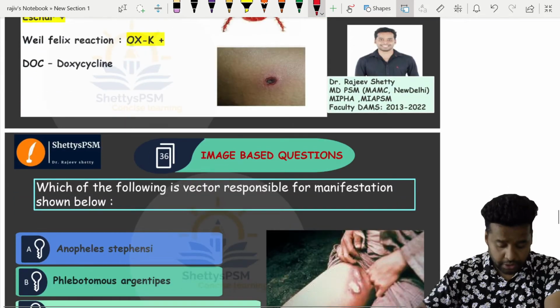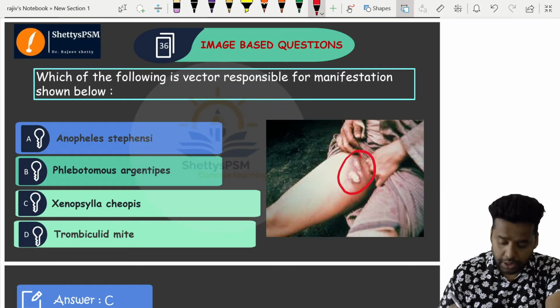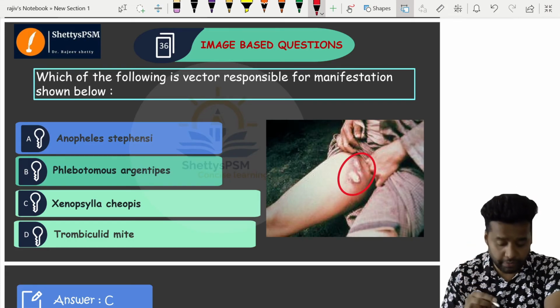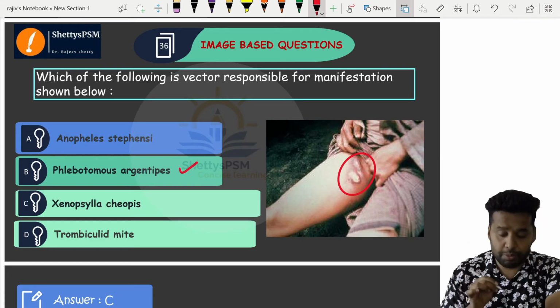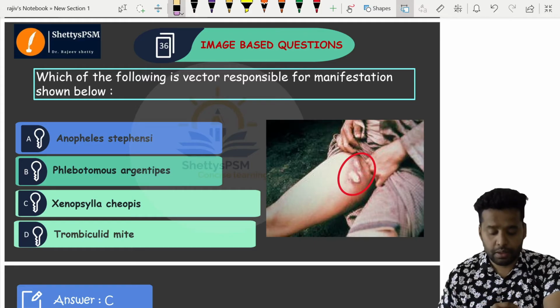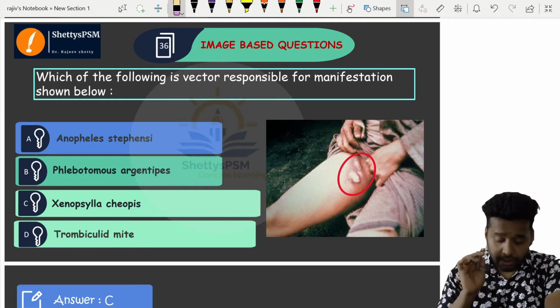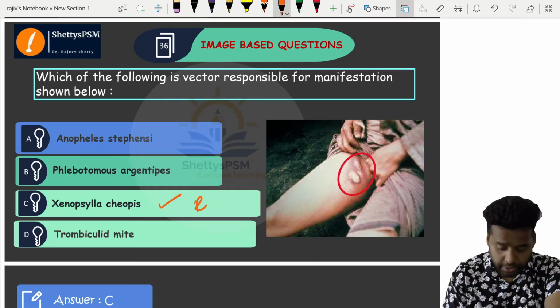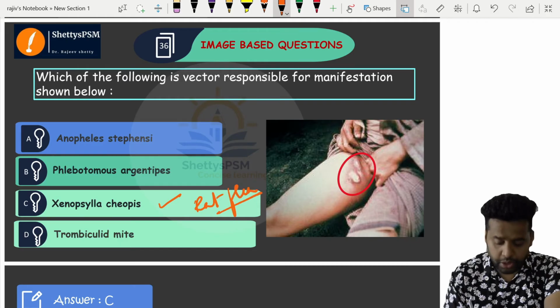Which of the following is the vector responsible? Inguinal buboes, it is bubonic plague. Vector is phlebotomus? No, the answer is wrong. Vector is not phlebotomus. Vector for plague is the rat flea, Xenopsylla cheopis.